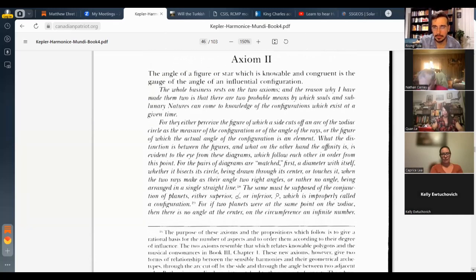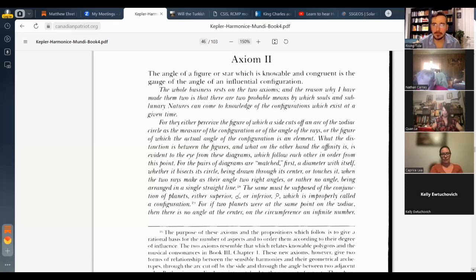The angle of a figure or star which is knowable and congruent is the gauge of the angle of an influential configuration. The whole business rests on the two axioms. And the reason why I have made them two is that there are two probable means by which souls and sublunary nature can come to knowledge of the configurations which exist at a given time.